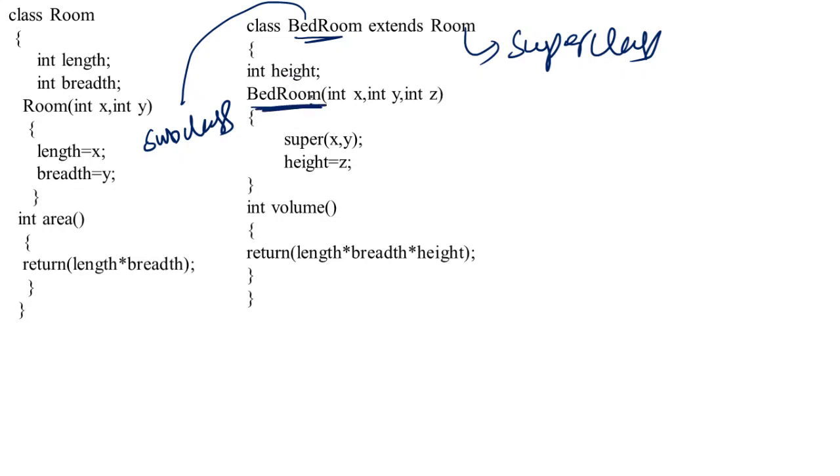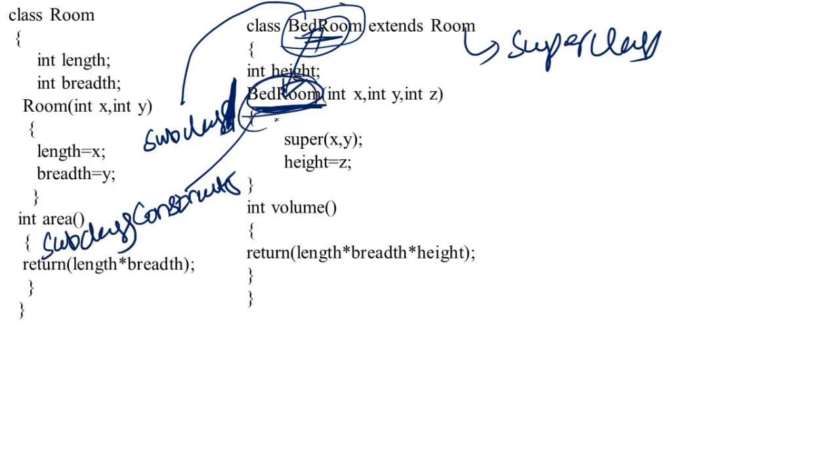What is my bedroom? This bedroom is a method whose name is the same as my class name, which does not have any return type. Therefore, this one is also a constructor. Constructor of which class? This is the subclass constructor, bedroom.